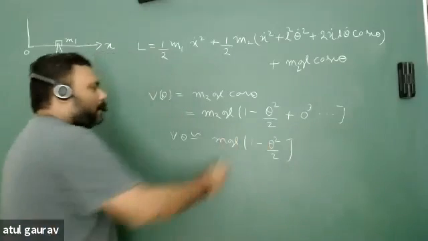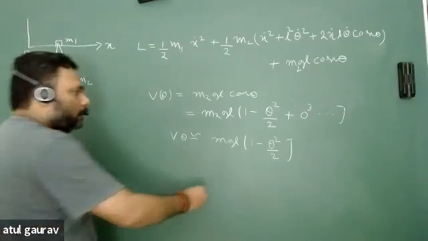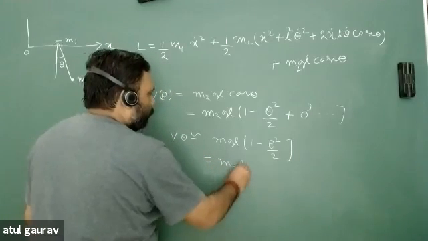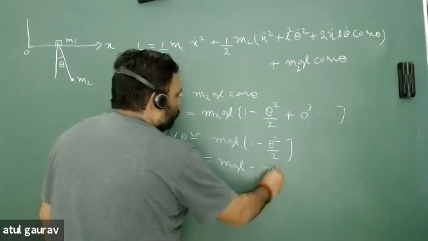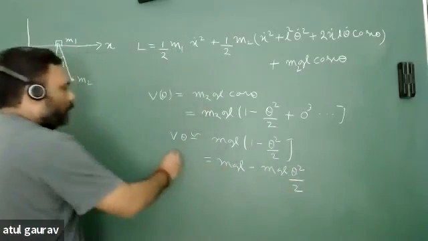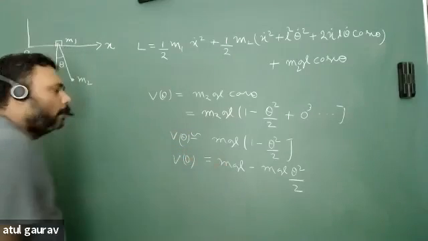And this is a constant term, you will see that it has nothing to do with the force equation. If you want, you can write this as mgl minus mgl theta square by 2. This is my approximate potential energy for a small oscillation.